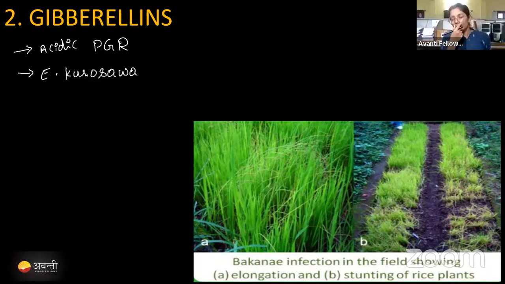What he did is he identified there were some rice plants. They were affected by the fungus called Gibberella fujikuroi.